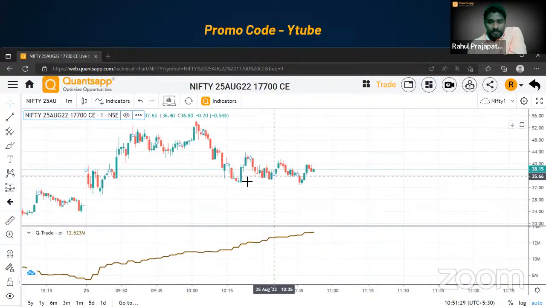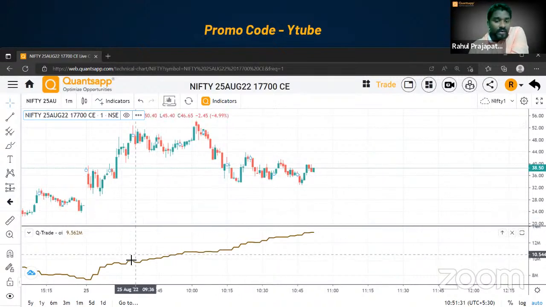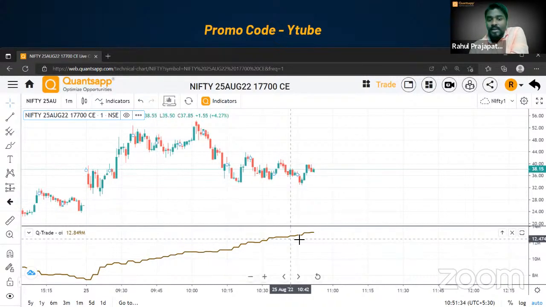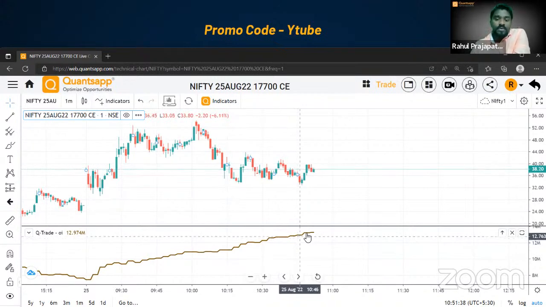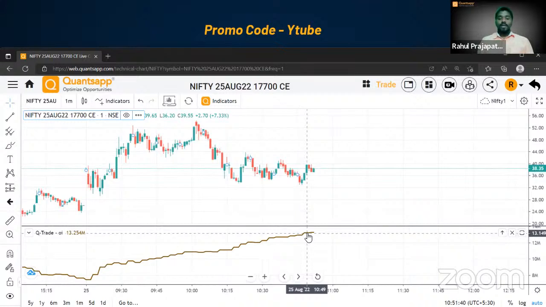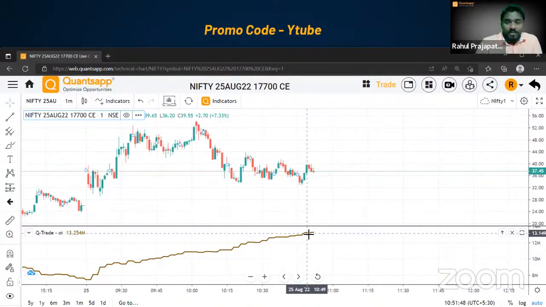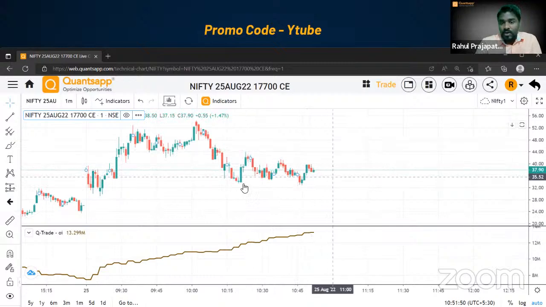There is no unwinding happening since the morning. The OI is continuously increasing in this column. That means sellers are more aggressive. Sellers keep on selling this option. They don't fear that the market might move up from here. But the trend looks positive for Nifty, as of now. So if this call option breaks above this level, there is consolidation happening here.